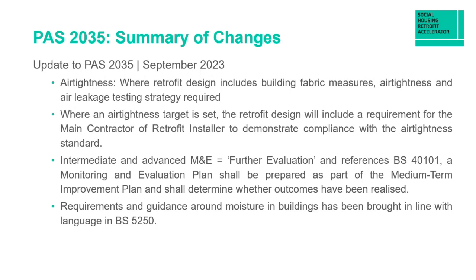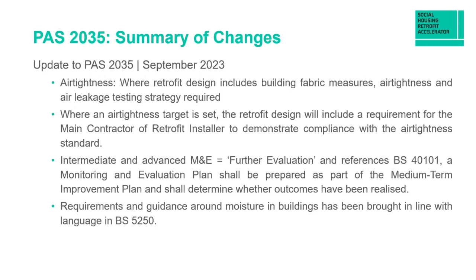So that doesn't mean that you have to have an air tightness target, or actually test, but you certainly need to have a strategy for each individual property. However, if you do set an air tightness target as part of your strategy, then you would need to do an air tightness test of that property at the end to demonstrate compliance.